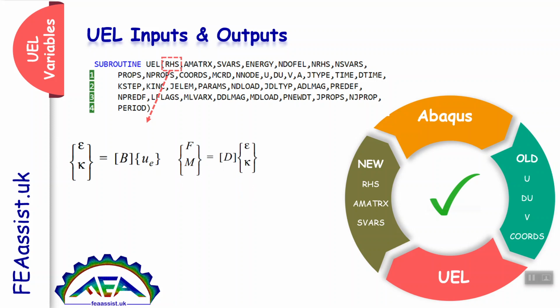By this method, we solve our problem. So RHS is F, which, by combining these two equations, is the integration over the length, area, or volume of the element of B transpose F dl. So you understand what the RHS is that you need to update in your problem. It needs more explanation for the A matrix and all the variables.